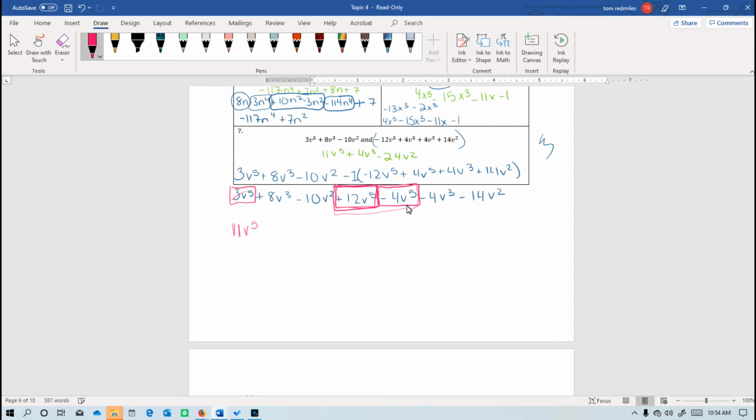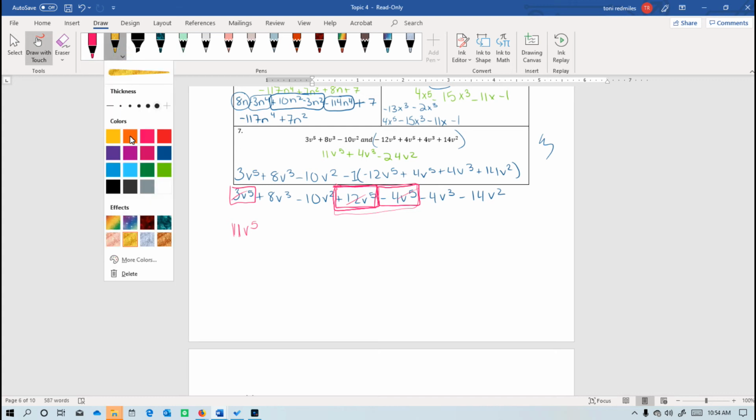So if I go down the line to the next one, it's going to be my 8 and my 4. Okay, this is going to be a little thicker.